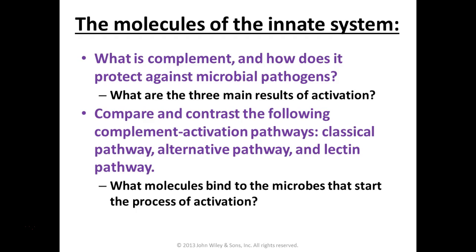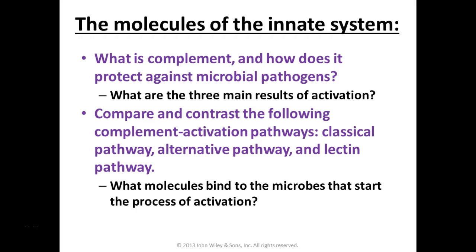There are three ways we can turn on complement cascade. There's the classical pathway. There's the alternative, and there's the lectin pathway, as we just saw on the previous slide again. So one of the ways we could get this whole thing started is mannose binding lectin binding to it. That one's not discussed in the animation.